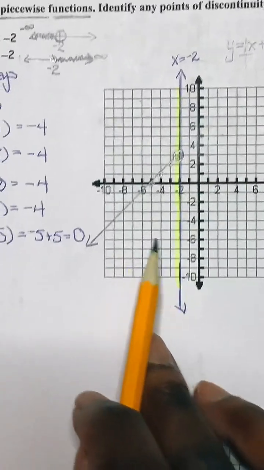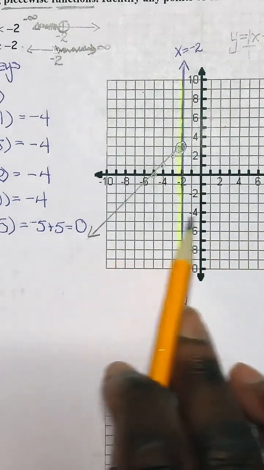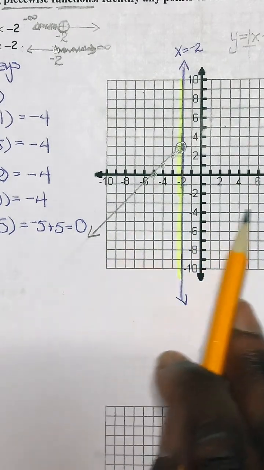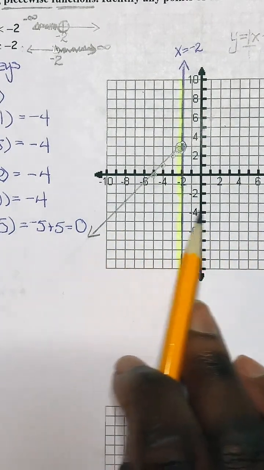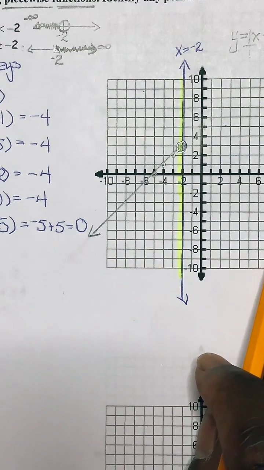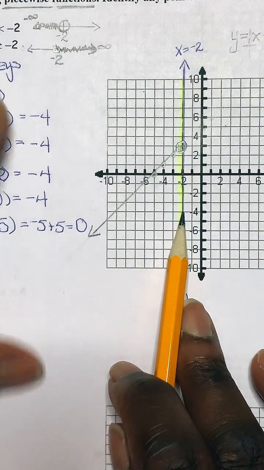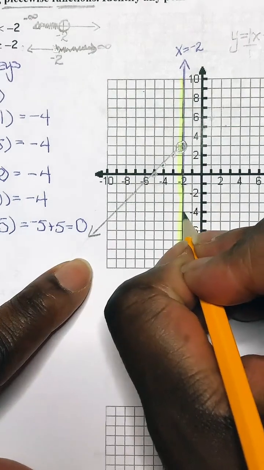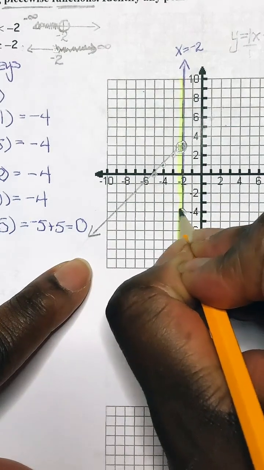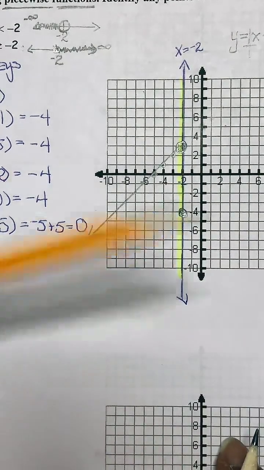That's going to be a horizontal line through -4. Anytime they just give you a number, that means that's what you're going through on the y-axis. But the boundary line is right here at -2, and we want to graph not the whole thing, but just to the right of it.